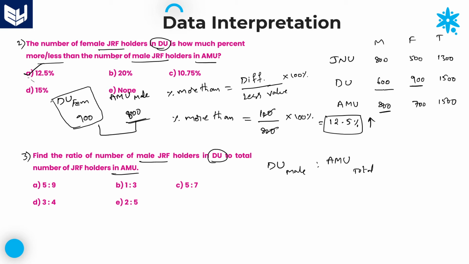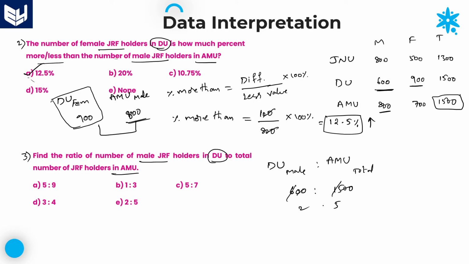There are 600 male JRF holders in DU, whereas AMU total is equal to 1500, right? Two zeros get cancelled. 3 2s are 6, 3 5s are 15.